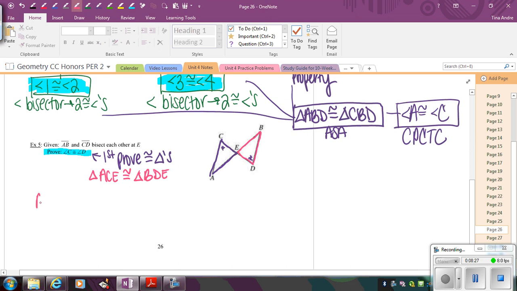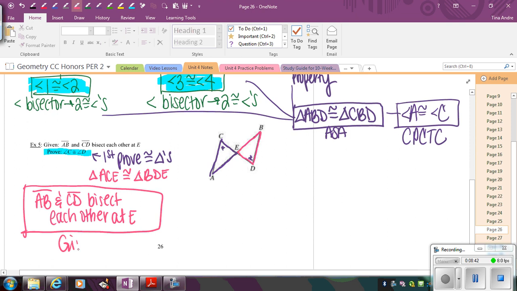So my first thing here is to write down my givens. So AB and CD bisect each other. So that's given. So AB and CD are bisecting each other. It means each segment is cutting each other in half.